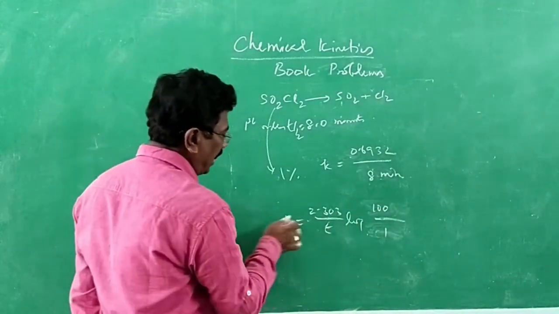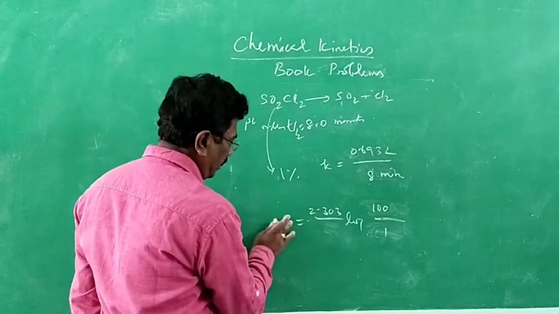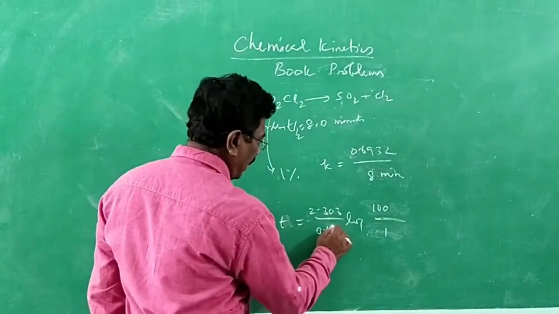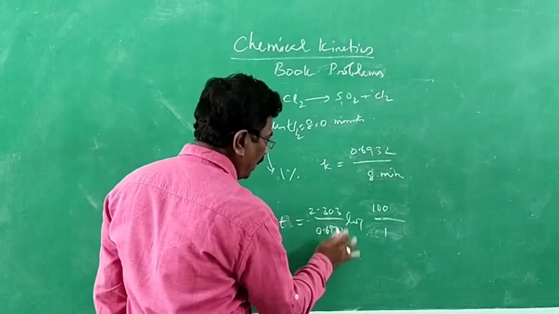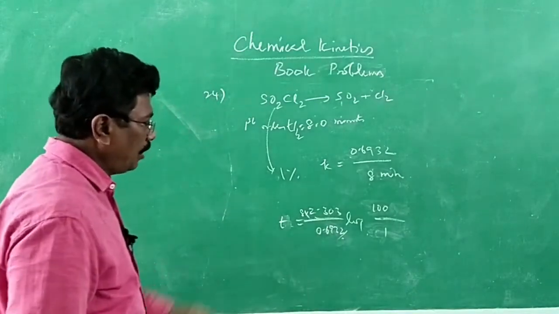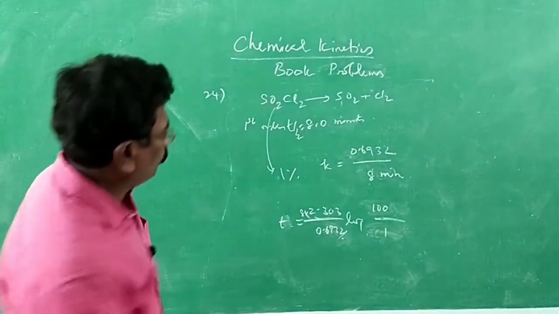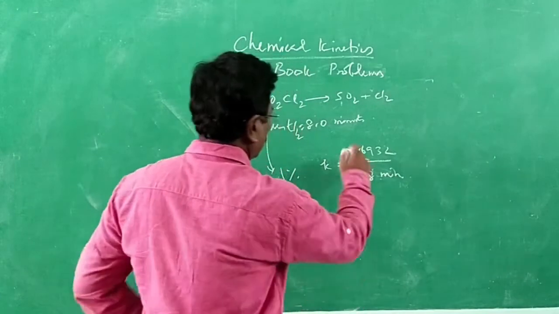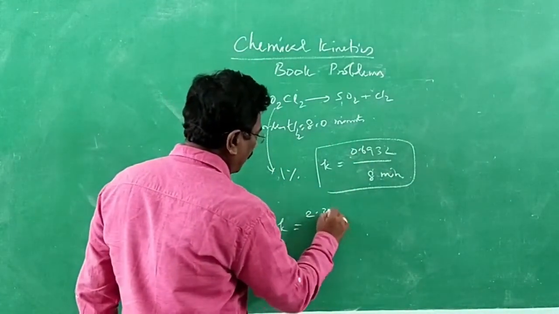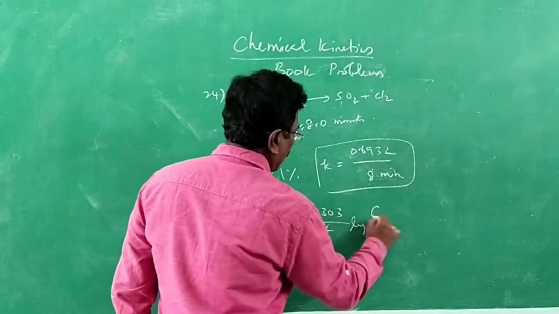And time they asked, K already we know. We can interchange. T is equal to 2.303 by 0.6932 divided by 8. Divided by 8 may go to the numerator. Whether you understood? Or else let me write in 2 steps. This is the expression for rate constant of this reaction. We know K is equal to 2.303 by T log A naught by A.